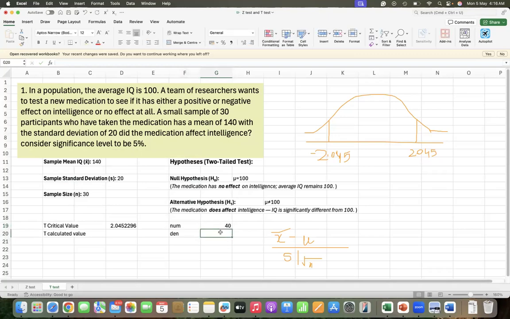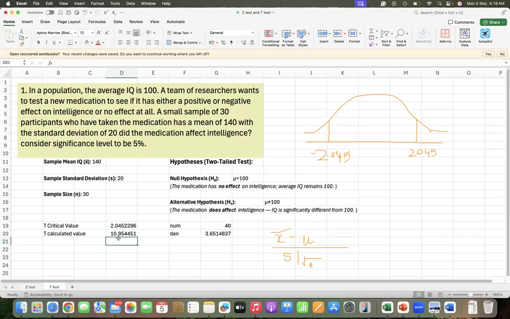Denominator: S, the standard deviation, is 20, so 20 divided by the square root of the sample size, which is 30. This is our denominator. The t calculated value is the numerator divided by the denominator. If you remember, it was the same, 10.96.